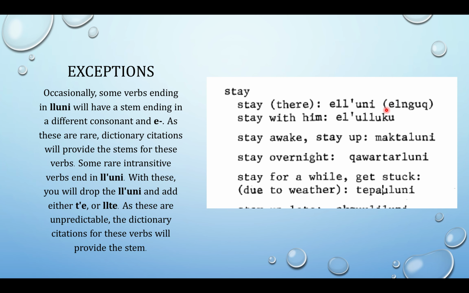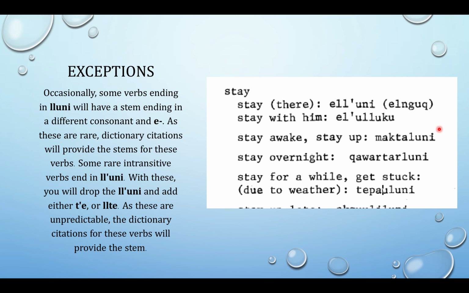There are a couple exceptions. So occasionally some words will end in lluni, but we'll have a stem ending in a different consonant and E. And those are rare, so the dictionary citations will provide the stem for these verbs.